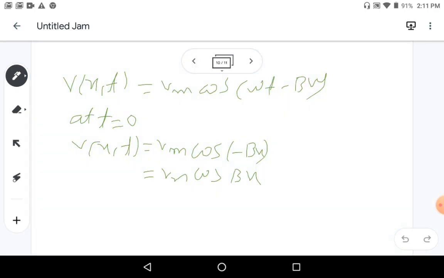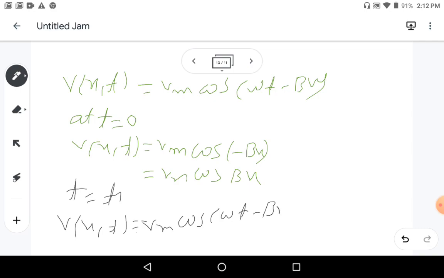Now at the second instant, t equals t1, v of x,t equals Vm cos of omega t minus beta x. It may be written as Vm cos of beta x minus omega t.